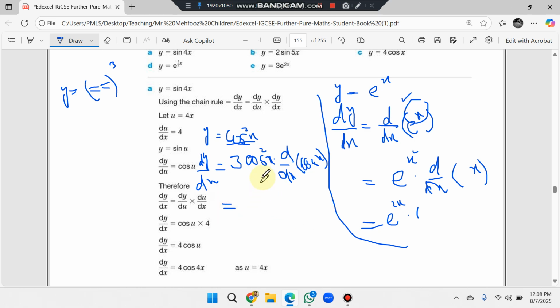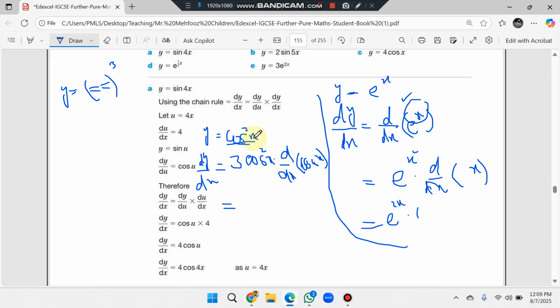Sorry, in the question, is it y equals cos square x or cos cube x? Cos cube x. Okay.